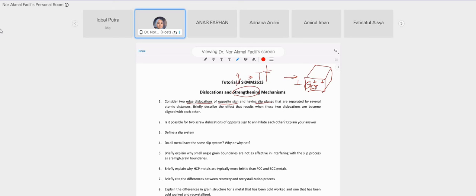So maybe if you give a slight load in this direction, when they meet at this position, the dislocation will stop. Okay, the dislocation will stop because there is no more extra plane. Okay, so even though the load is there, the slip is not there anymore. Okay, the slip plane is not there anymore.